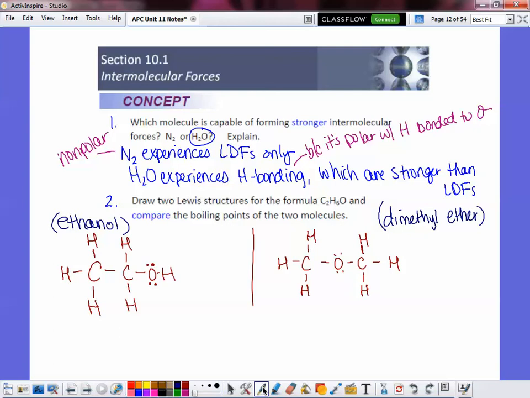I'm pretty sure this is polar because of that oxygen. Yeah. Because the shape of it would actually be bent at the oxygen, so it would be polar. Those lone pairs make it polar. So this one has hydrogen bonding. The strongest intermolecular force that it experiences is hydrogen bonding, whereas here, the strongest is dipole-dipole.